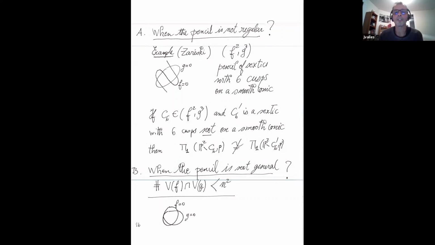For instance, this is an example inspired by the famous examples of pencils of sextics with 6 cusps on a smooth conic given by Zariski. Zariski gave this example to produce 2 curves, what is now called Zariski pairs: a sextic with 6 cusps on a smooth conic, and a sextic with 6 cusps not on a smooth conic.